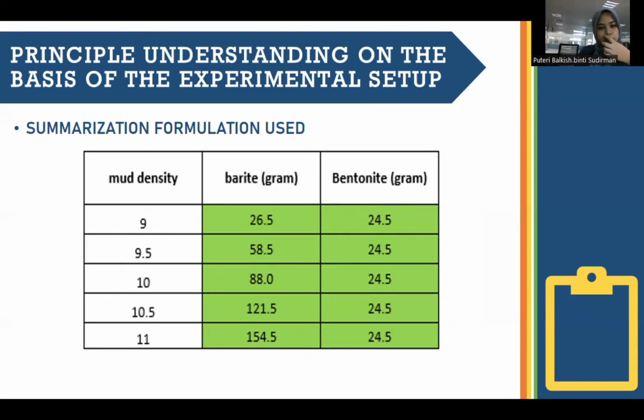When it is 10 ppg, barite will be 88 gram. When it is 10.5 ppg, the barite will be 1 to 1.5 gram. And lastly, when it is 11 ppg, the barite will be 154.5 gram, with the bentonite mass constant at 24.5 gram.